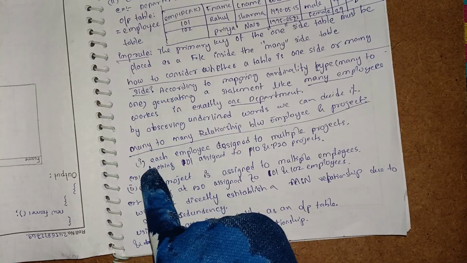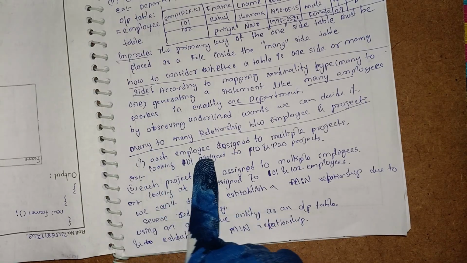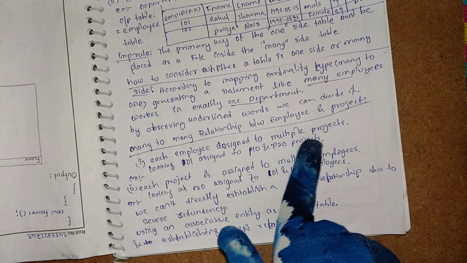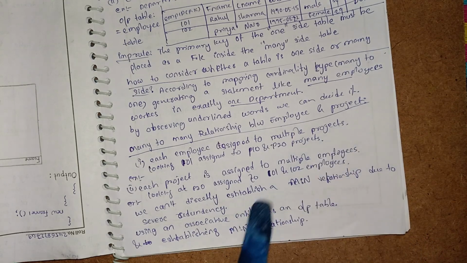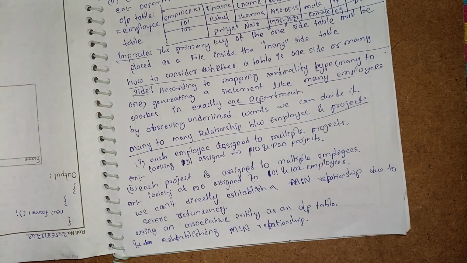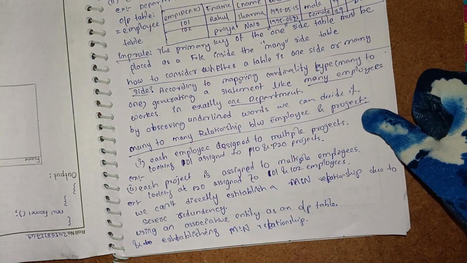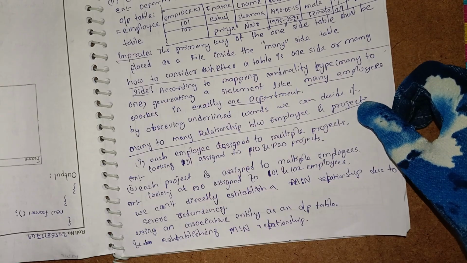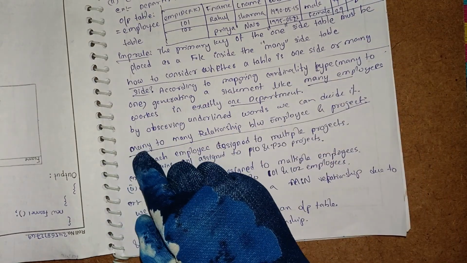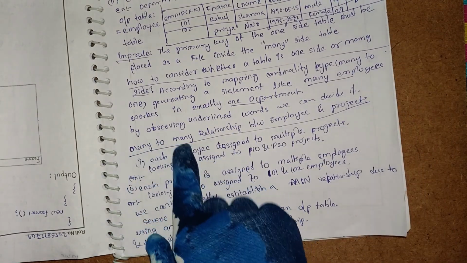So according to that, each employee is assigned to multiple projects. We are generating the statement from left to right, that is many to many.